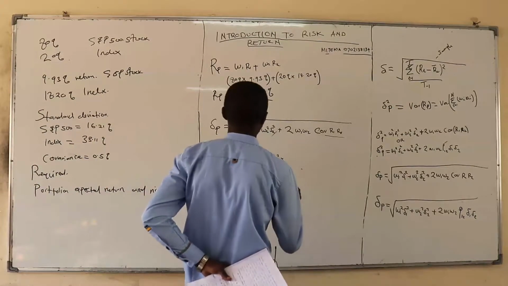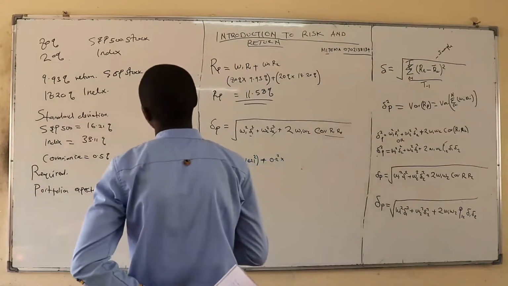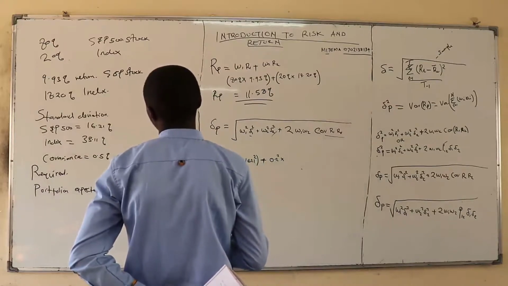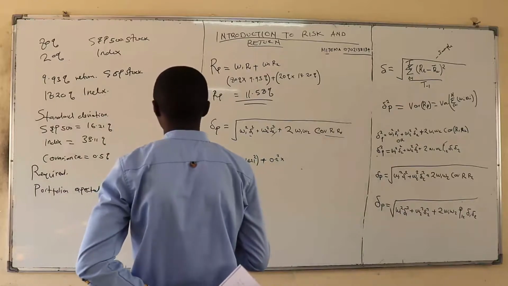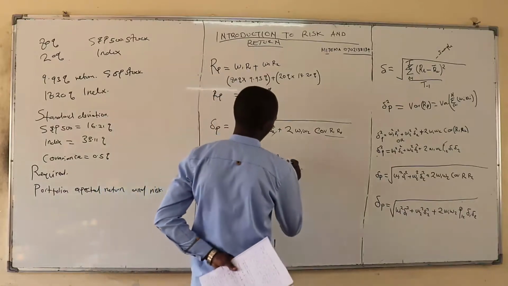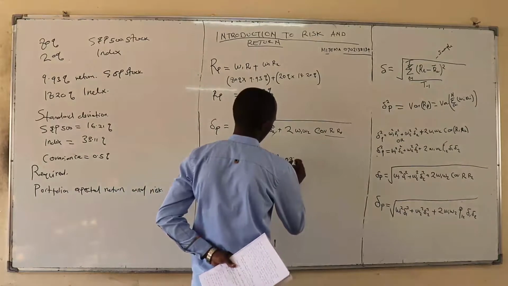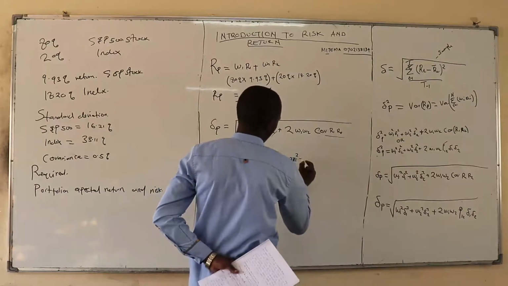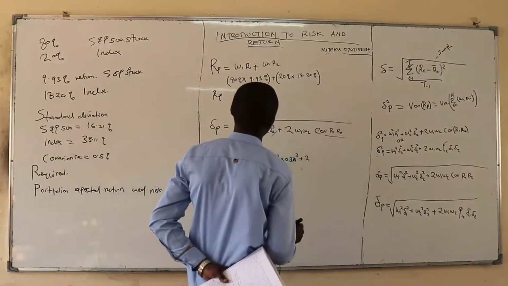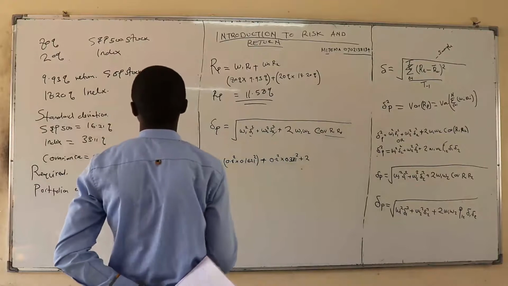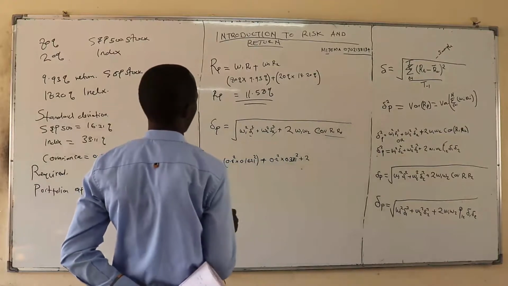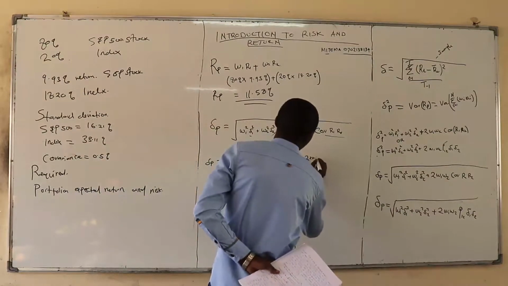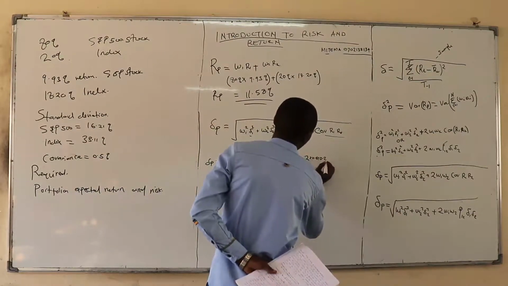You multiply it by the standard deviation, or the risk, associated with the index, which is 33.11%, so times 0.3311 squared. Then you add 2, you multiply it with the first and second weight, which is 80% and 20%, which is 0.8 times 0.2.